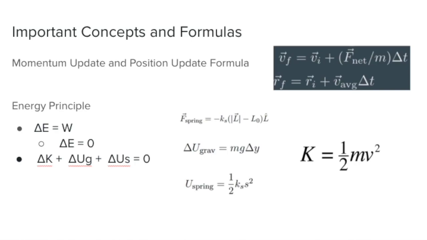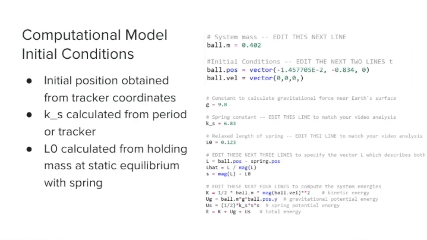So here is the computational model, and the initial conditions were the initial position for the mass, which was obtained from the tracker coordinates. The spring constant for this specific spring was calculated from the period that is seen here on the tracker, and L0 was calculated from holding the mass at static equilibrium with the spring, already knowing its initial position.